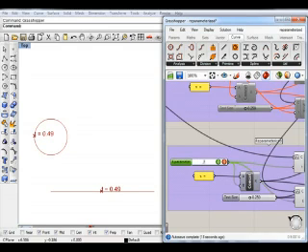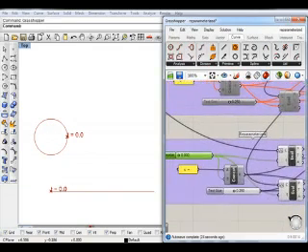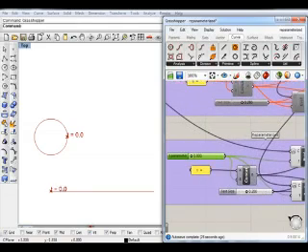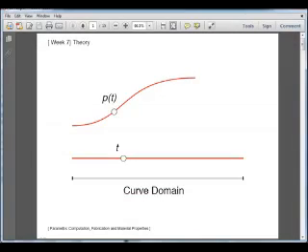0.75 would be 3/4 of the way. I think you get that. The difference here is we haven't changed the length of the curve at all. We're only rewriting its domain, and this is a diagram that shows that curve domain. Both of these are points along the curve. That curve has the same length in this case.